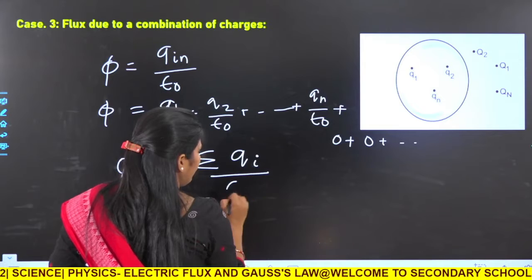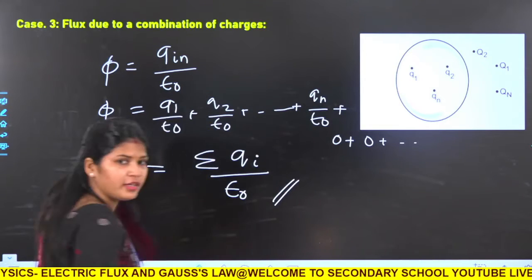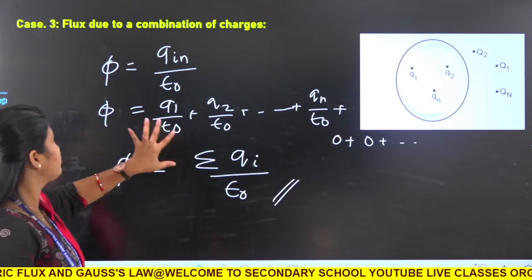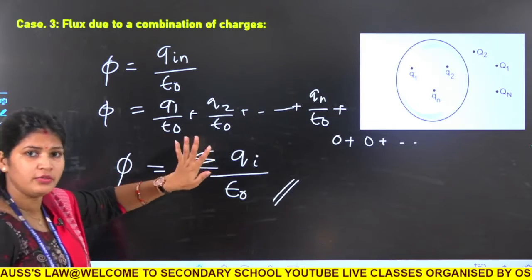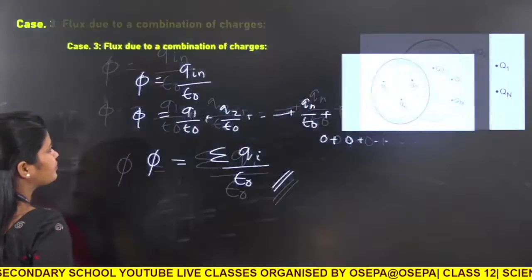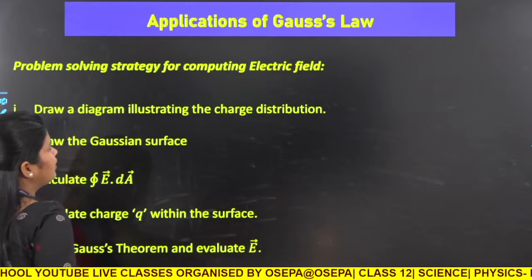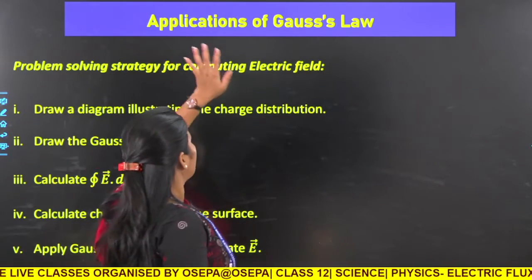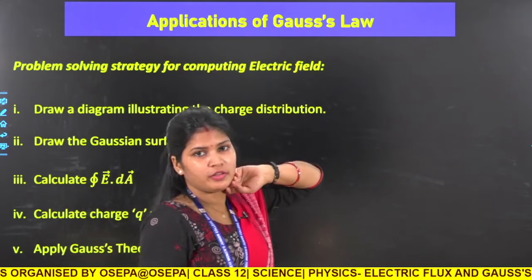Qi by epsilon. This is the flux due to a combination of charges. Next we will discuss the applications of Gauss law.